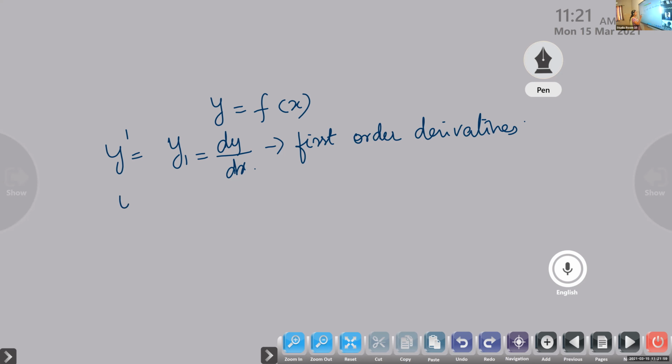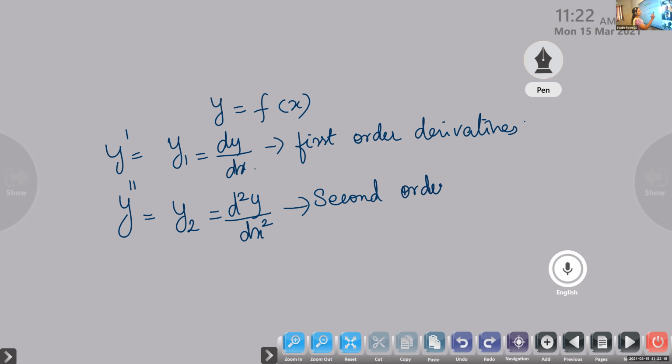The second order derivative we denote as y double dash or y2, or d square y by dx square.